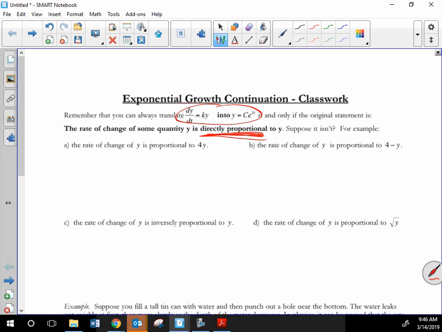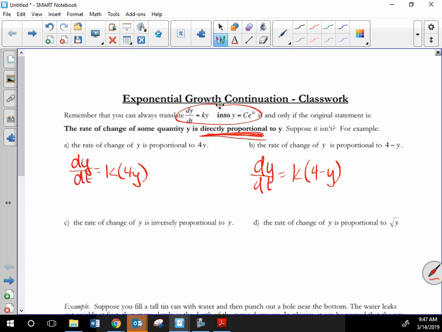Okay, so for example, if it says the rate of change of y is proportional to 4y, then we have our constant times 4y. If the rate of change of y is proportional to 4 minus y, that is k times (4 minus y).